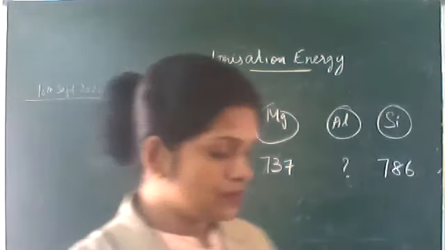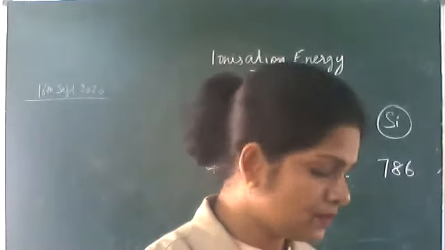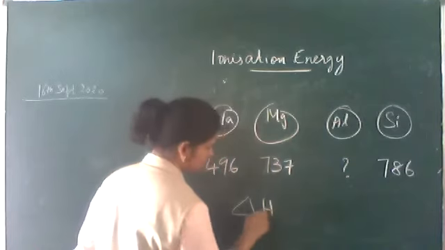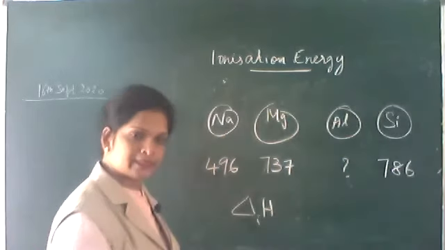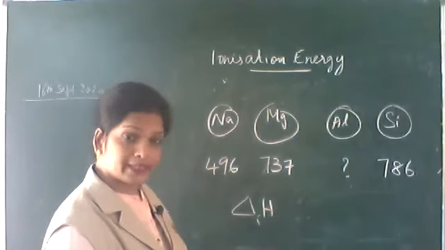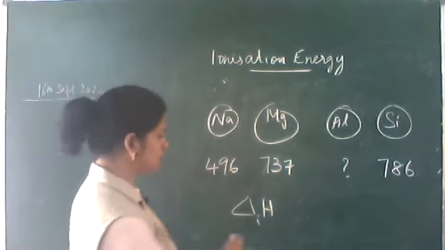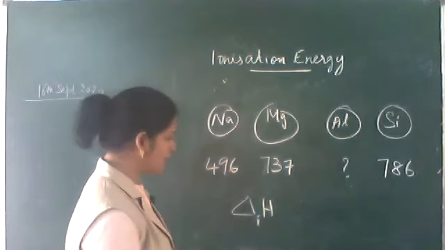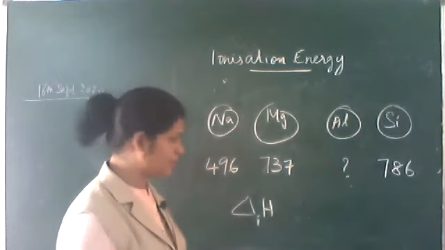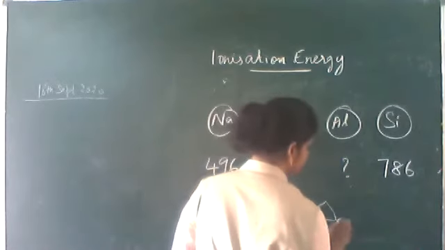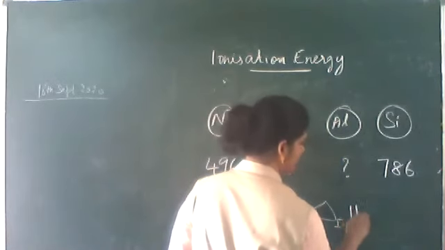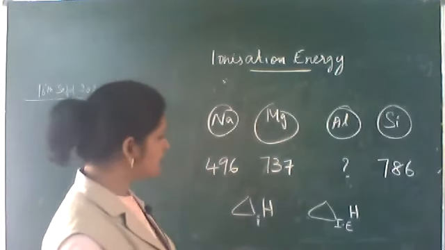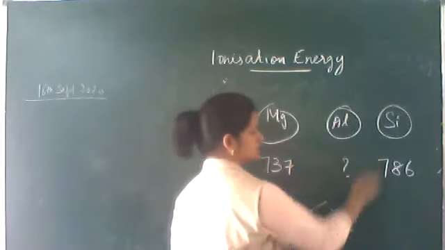Ionization enthalpy is also written with the term H in thermodynamics, I for the ionization enthalpy. Sometimes they write it like delta I dot EH, like this. This is also written.